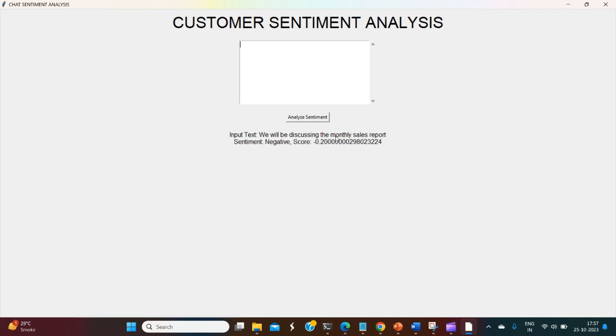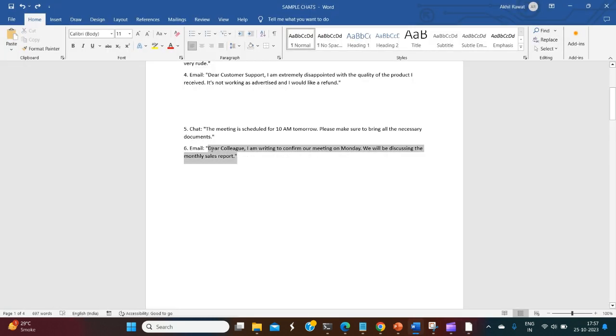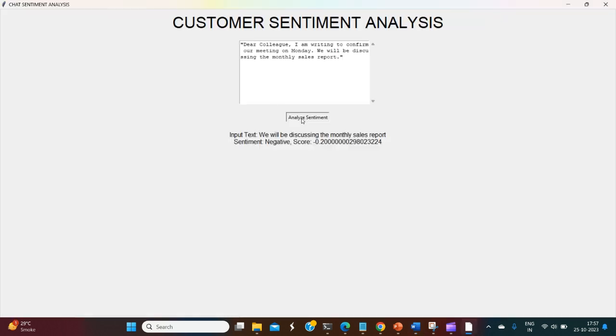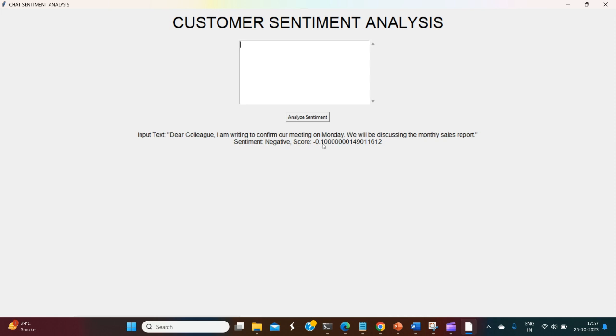So if I now combine both phrases, as I did earlier, you can see the score is now minus 0.10 from minus 0.20. In the context of both lines, it becomes minus 0.10. This is the interesting part. The phrase we will be discussing the monthly sales report could be seen as negative, and I am writing to confirm our meeting on Monday was neutral, as we saw before.